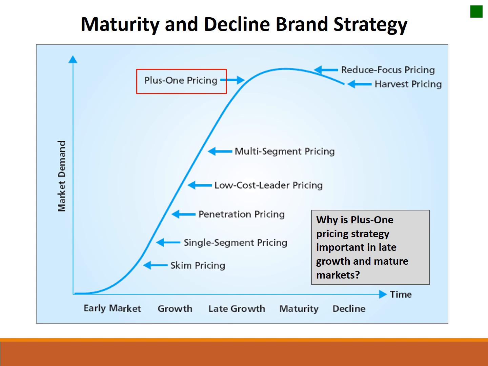Okay, the last few strategies here, there'll be 3, and they all happen towards the top or the end of the product life cycle. Okay, so a +1 pricing strategy is one where you match your competitors.